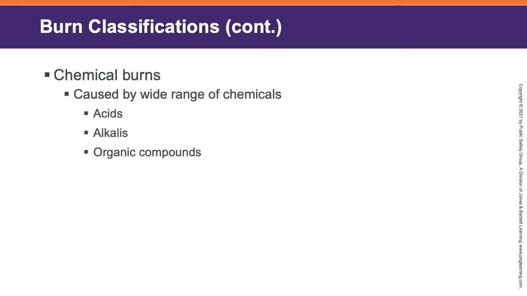Next, we have chemical burns. These are caused by different types of chemicals that cause a chemical reaction on your skin. These are not great. There's all sorts of different chemicals that can do these types of things. Typically, they're highly acidic or highly alkaline compounds.